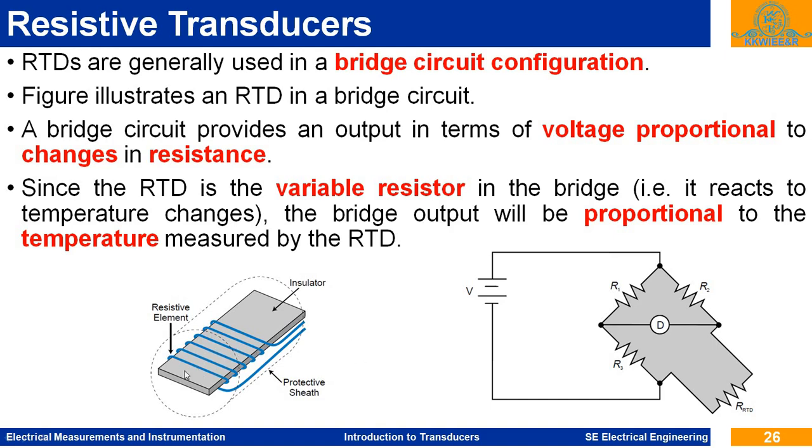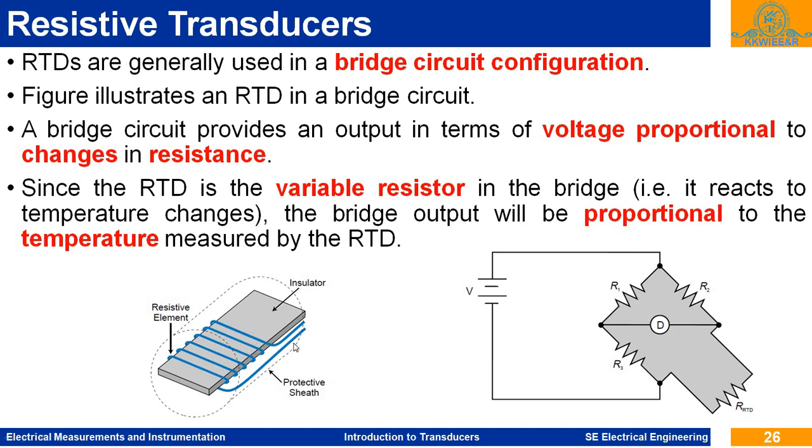There is a resistive element which will absorb the heat, or get heated, because of the environmental temperature around this RTD. And the resistance of this element changes.